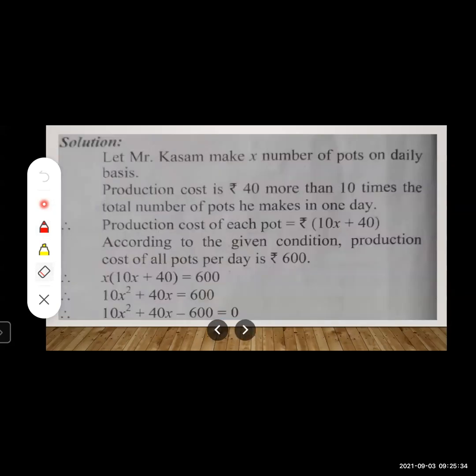Okay, what we are going to assume, first of all, is that Mr. Kasam makes X number of pots on a daily basis. Now, just now we have seen in the second line that the production cost depends upon the total number of pots he makes per day. What will be the production cost per pot? Rupees 40 more than 10 times the total number of pots.